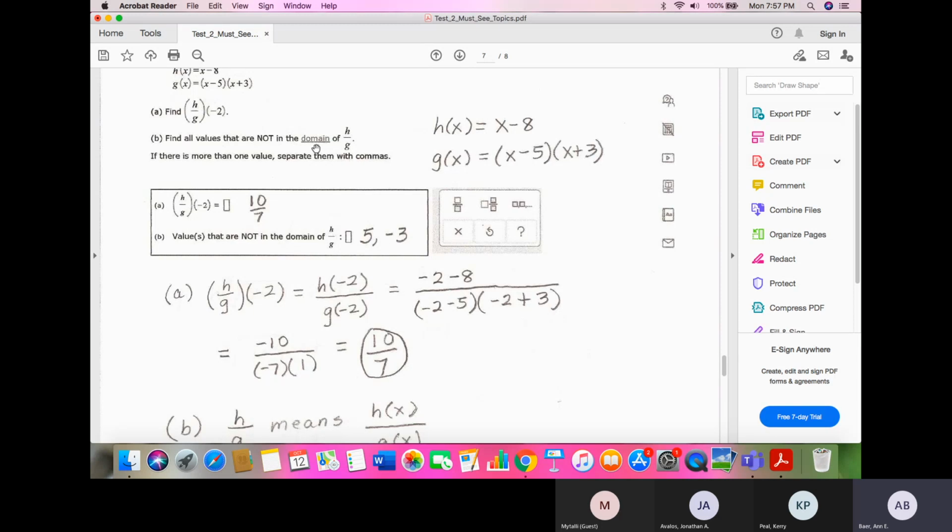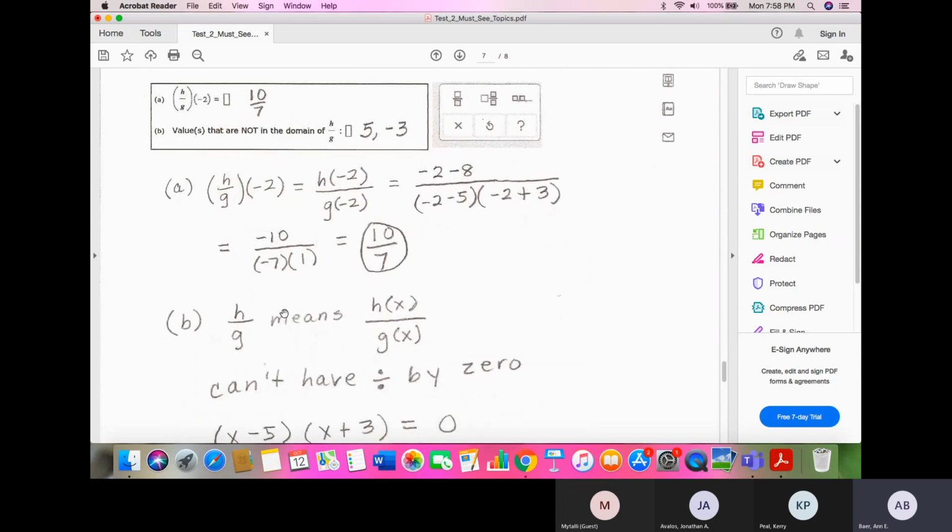So we need to figure out which x's are going to cause division by 0 and then throw those out. And actually, Alex just wants, in part B, values that are not in the domain of h divided by g. So we just have to figure out what those two values are in this case.